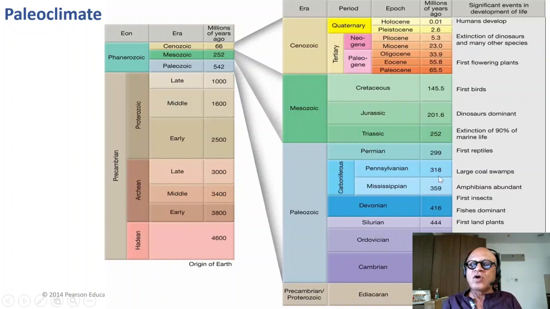After the plants evolved, lots of carbon got buried in the Carboniferous, which actually created a global snowball Earth episode, as they are called.